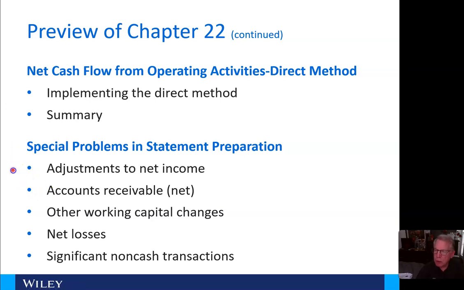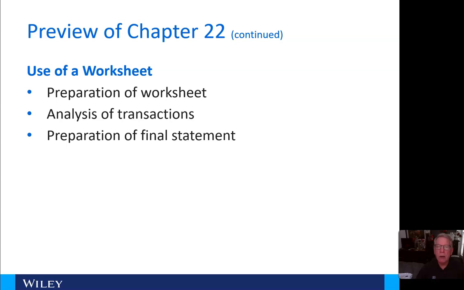We'll have adjustments to net income, accounts receivable, of course, net accounts receivable, other working capital changes, some net losses, and finally, significant non-cash transactions and how those are handled. And then when we look at using a worksheet, how we use it to prepare a worksheet, analyzing transactions, and finally preparing the final statement.